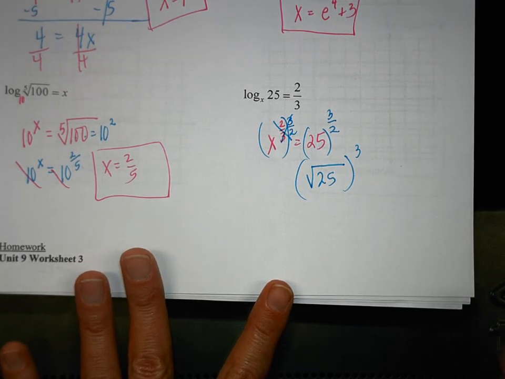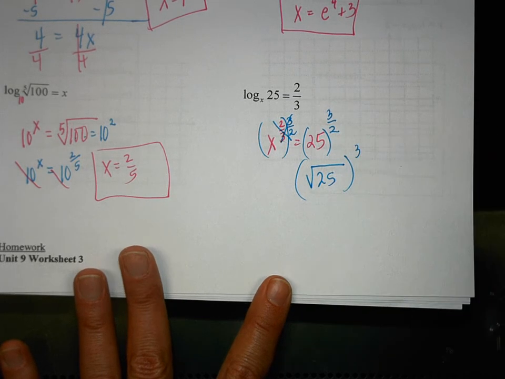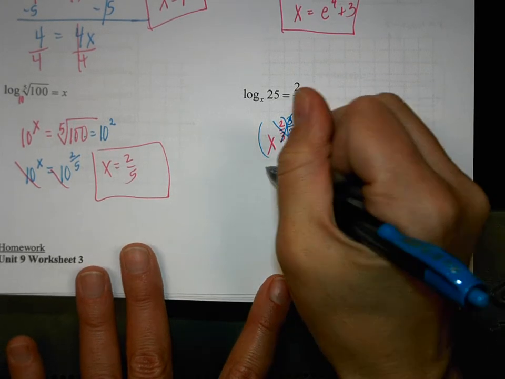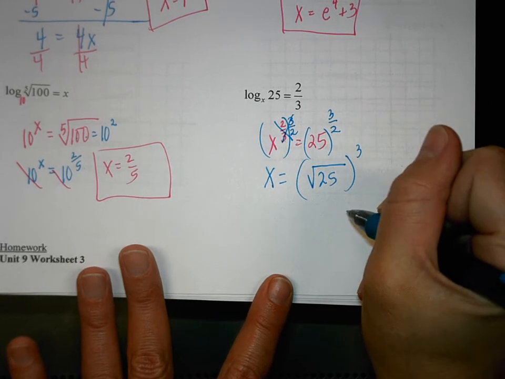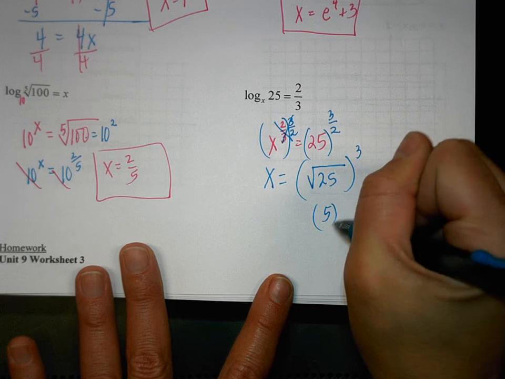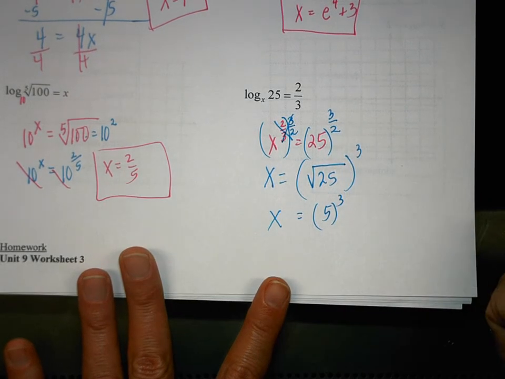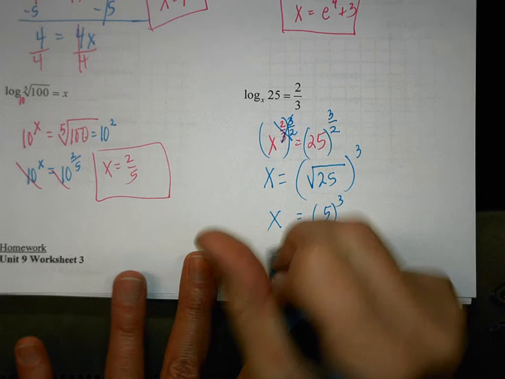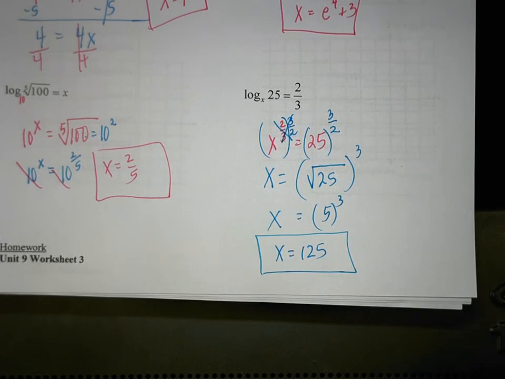Right? This number is the root. That number is your exponent. What's the square root of 25? The square root of 25 is 5. And then 5 to the third power is 5 times 5, which is 25. And then 25 times 5 is 125. That's your answer. Okay, any questions?